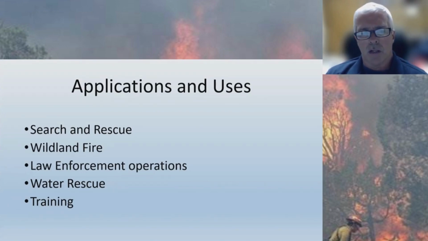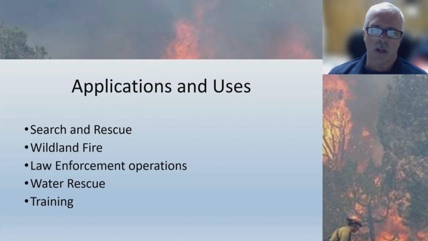It was mainly implemented for resource accountability on wildland fire and normal day-to-day operations. One of the things as we evolved in this was the search and rescue aspect. With the search and rescue aspect, we were always second guessing ourselves on how well did we search an area and how effective were we.